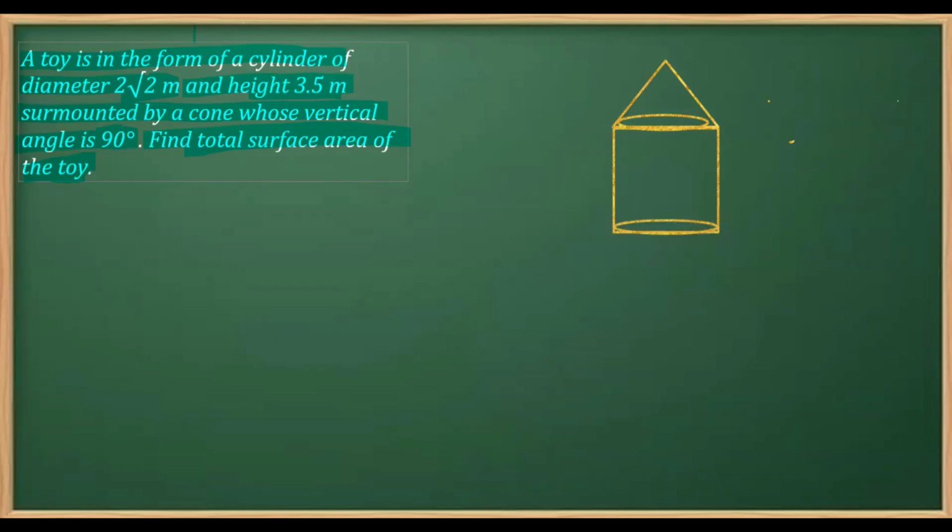Now, what we have to find out is the total surface area of the toy. So that should include what? It should include the curved surface area of the cone, the curved surface area of the cylinder, plus the area of this base.